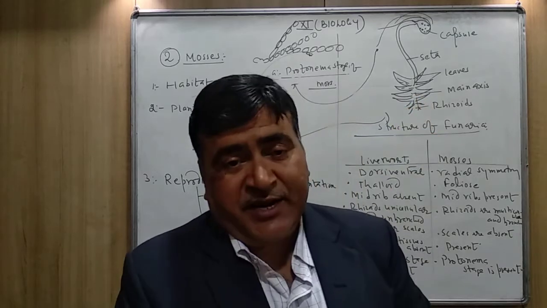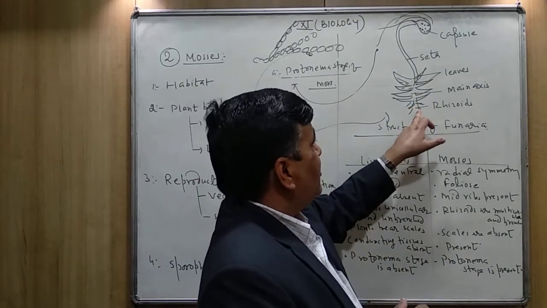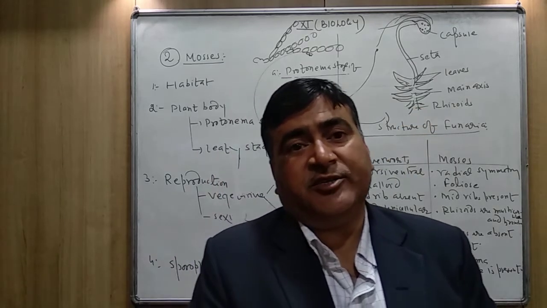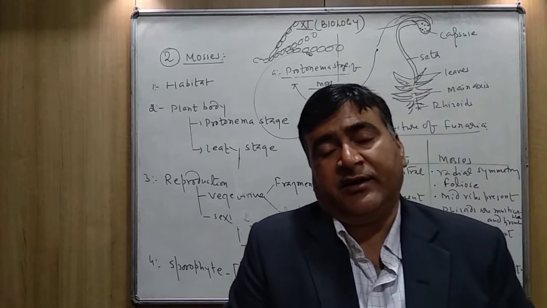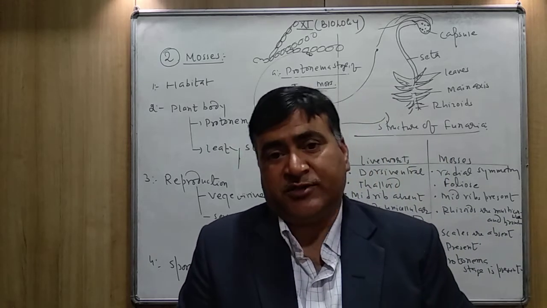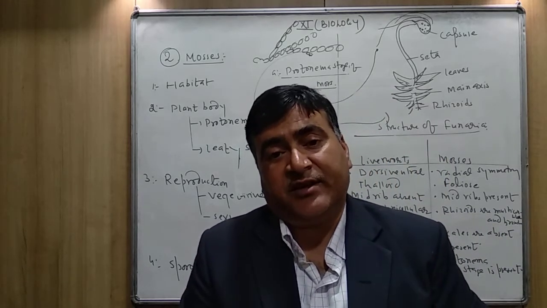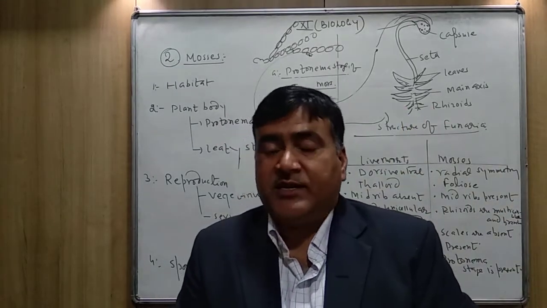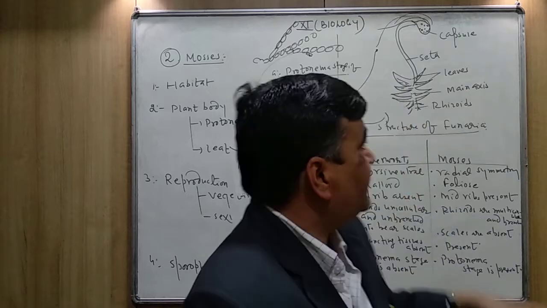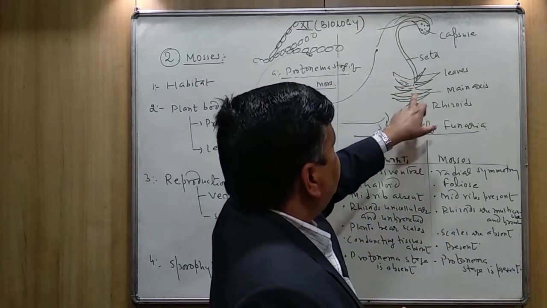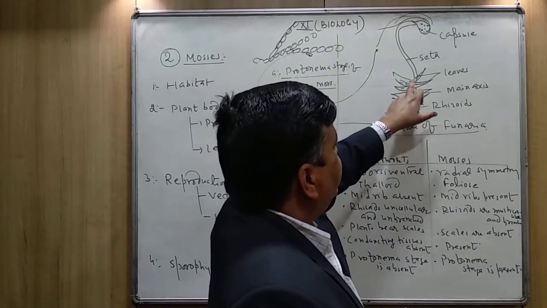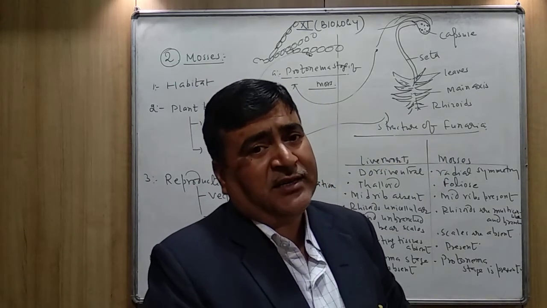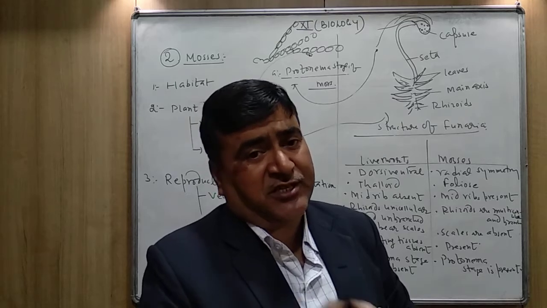The true roots are absent here. The rhizoids are present, and they work just like the roots of the plant. The rhizoids absorb water and minerals from outside. These are the leaves. This is the main axis, which looks like a stem in structure, but the true stem is absent.